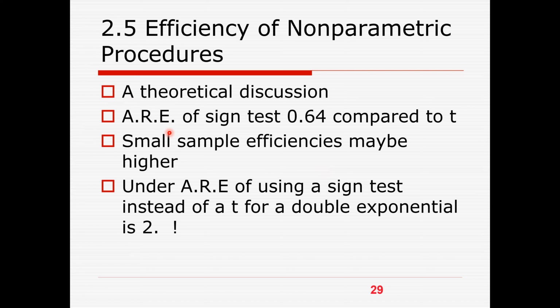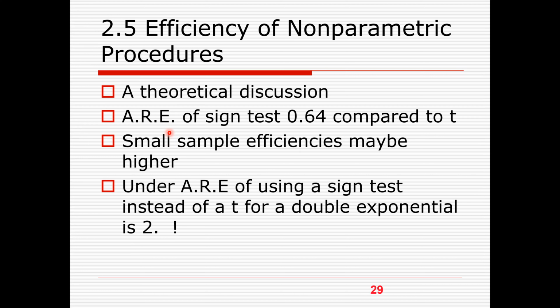Therefore, just remember the result. Using ARE, the sign test relative to the t-test. The t-test is a test we use often in parametric statistics, and it is proved to be the most efficient test in parametric statistics. All right.